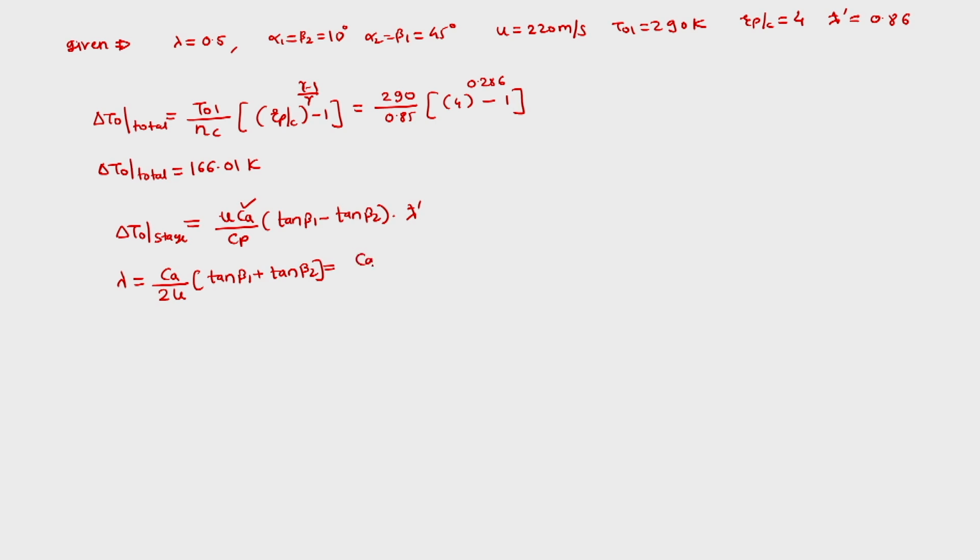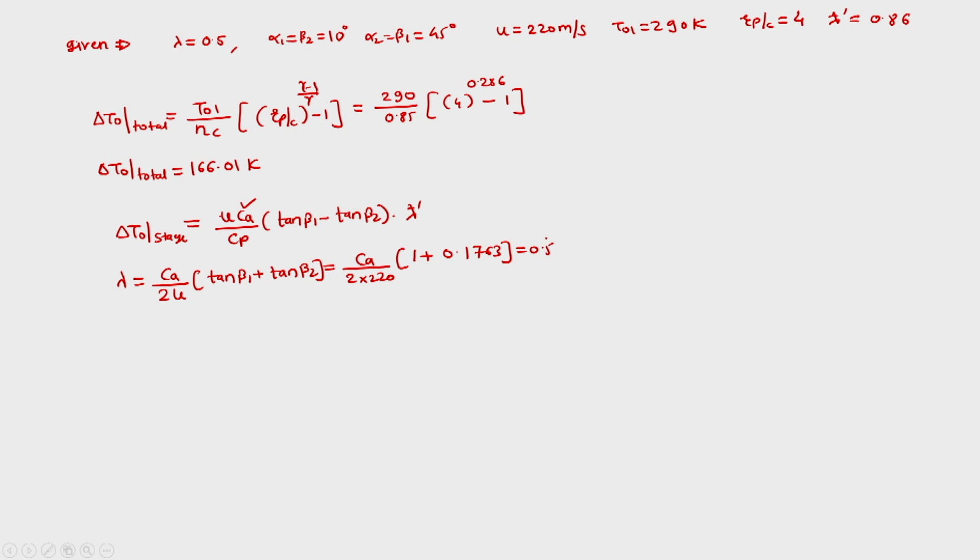So we can get it as Ca upon 2 into 220 into (tan of beta 1, which is 1, plus tan of beta 2, which is 0.1763).